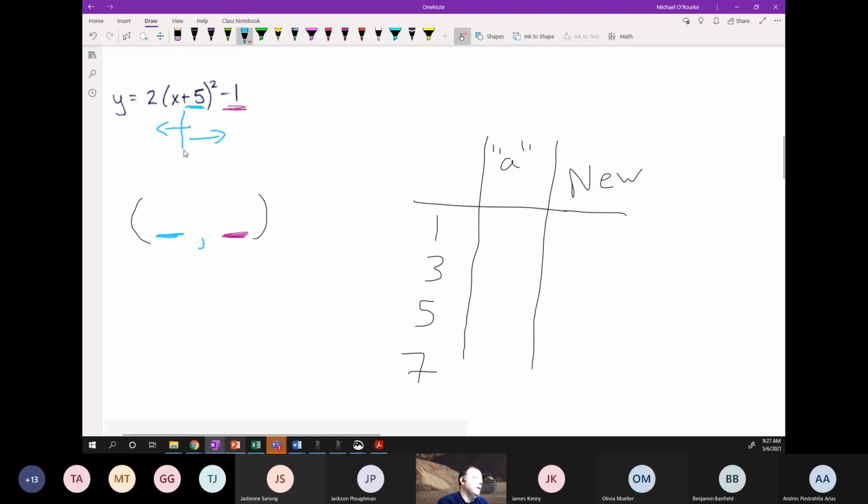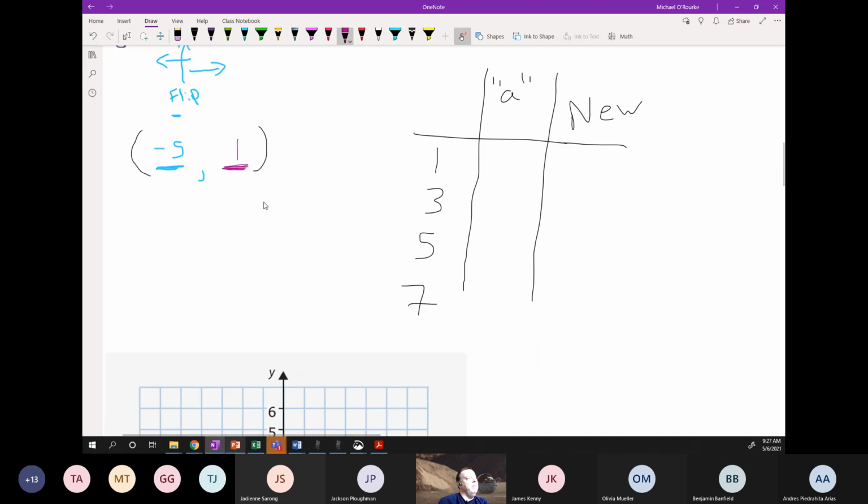So whatever sign that is, you flip that sign. Okay, so it's a positive right now. That means it becomes a negative down here. And for our vertical, are we going to go up 1 or down 1? For our y coordinate, is it up or down? Down 1. Perfect.